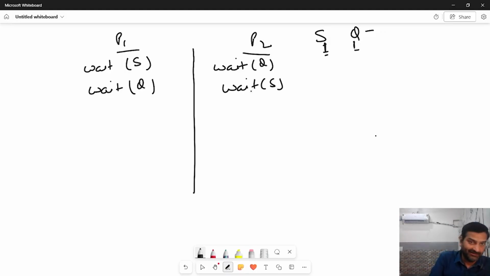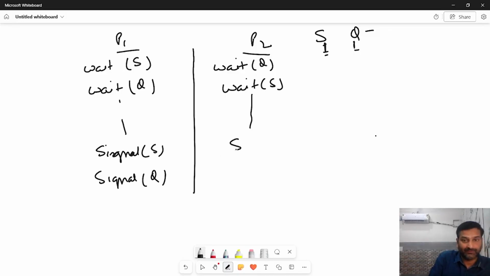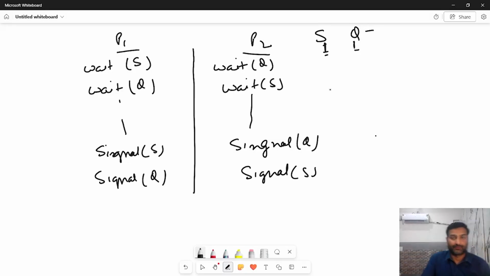After that, each will perform signal S and signal Q: P1 performs signal S and signal Q, and P2 performs signal Q and signal S. So what happens over here?